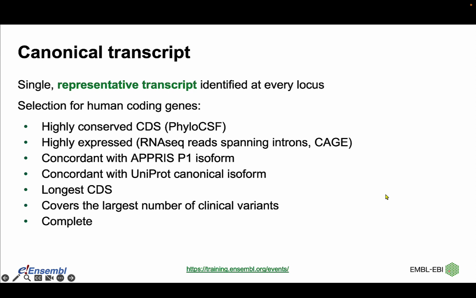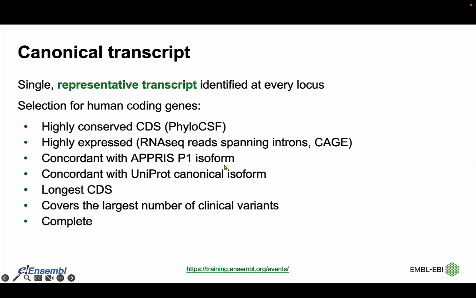Elaborating on transcripts, I also want to introduce you to canonical transcripts, which are a single representative transcript identified at every locus in every species. So these are transcripts that are most highly conserved and most highly expressed.